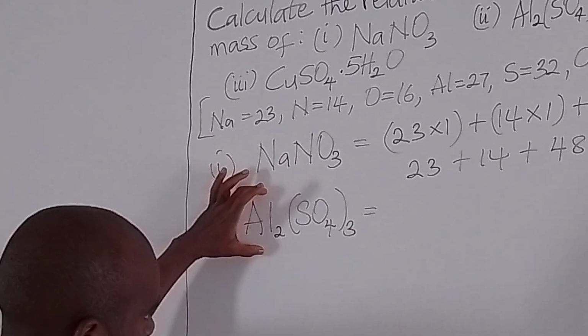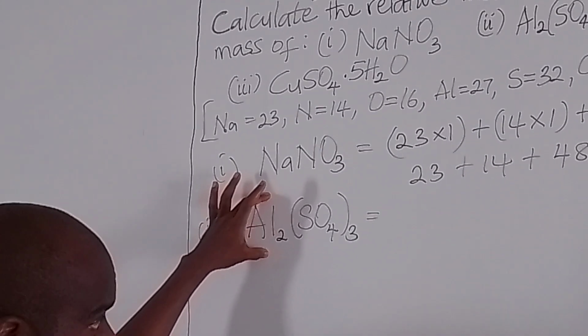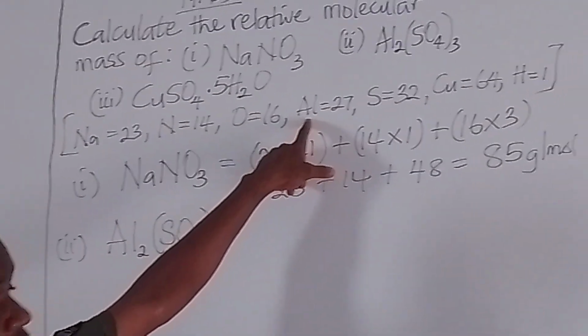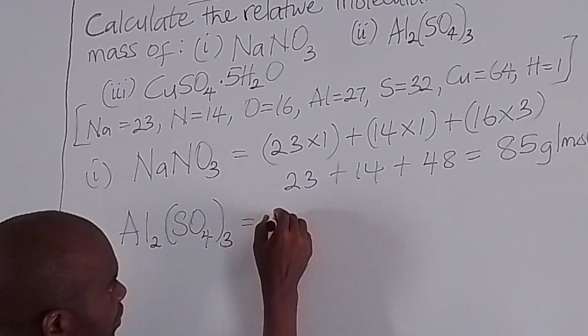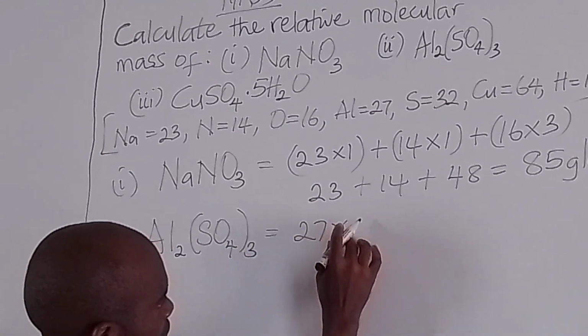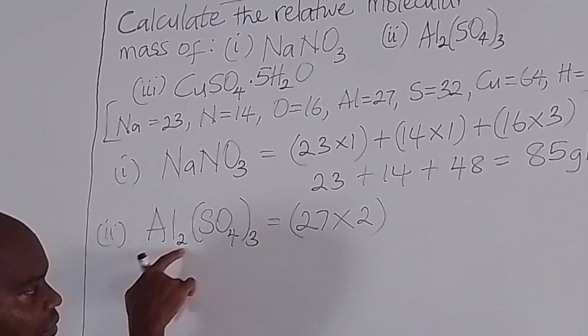Okay? So, there are 2 aluminium atoms in this compound, and the mass number of aluminium is given as 27. So that will give us 27 times 2, since there are 2 aluminium atoms here.